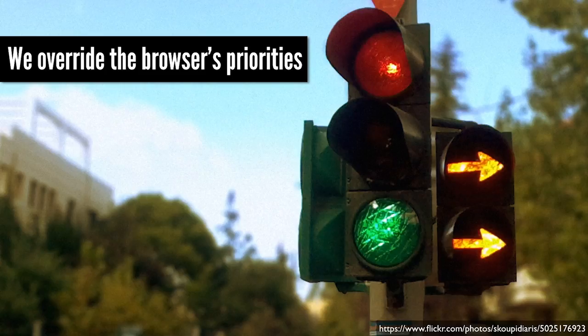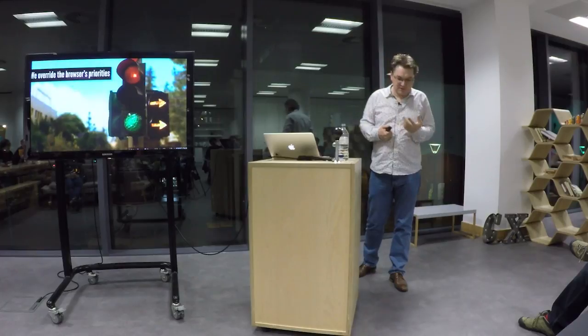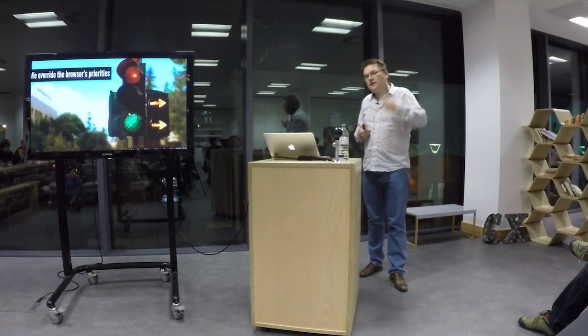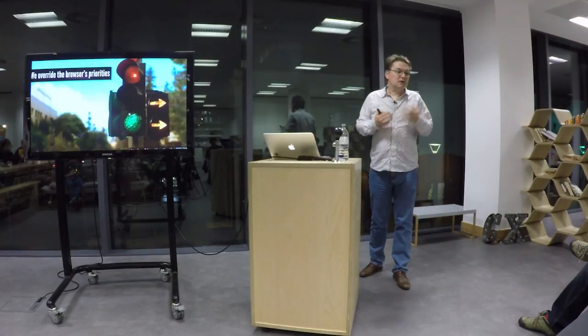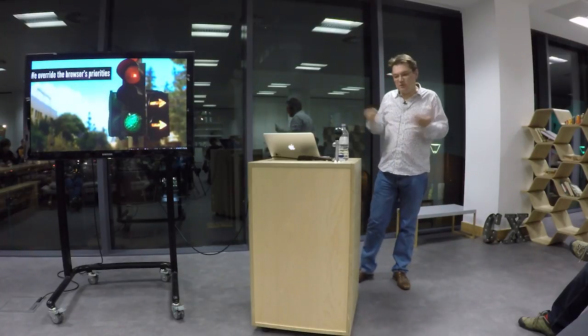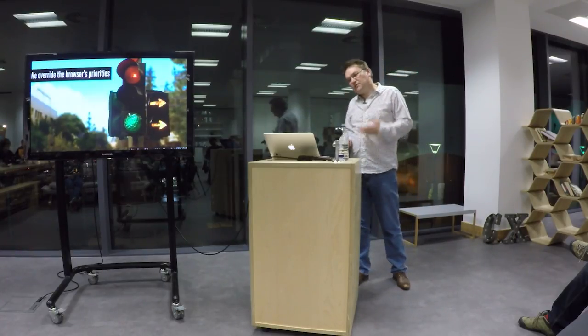The other thing we do is we override the browser's priorities. Browsers have an inbuilt set of priorities for what order they decide to download things in. So they'll start with HTML, then they'll start parsing the HTML to typically discover they need some CSS. Generally, people put blocking JavaScript in the head, so the next thing they start doing is downloading that JavaScript.